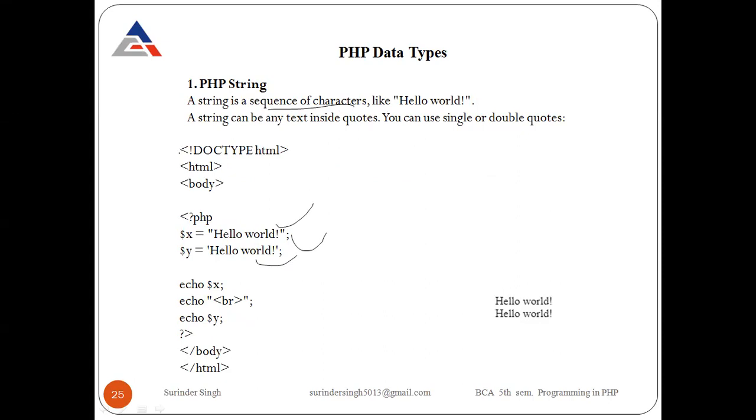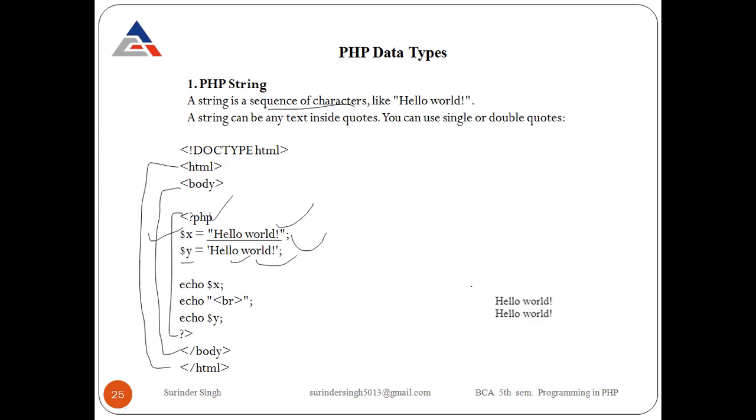This is an example. Here is an HTML tag, root tag, body tag, and in the body tag we have a PHP tag. This is the opening PHP tag. Here we have a variable x and assigned the value hello world enclosed in double quotes. And the second variable is y, which has a string value enclosed in single quotes. You can use either double quotes or single quotes.